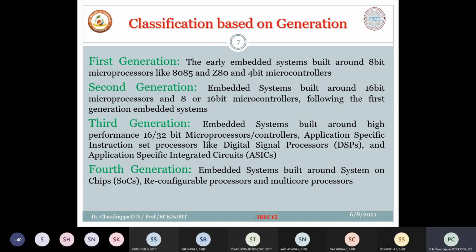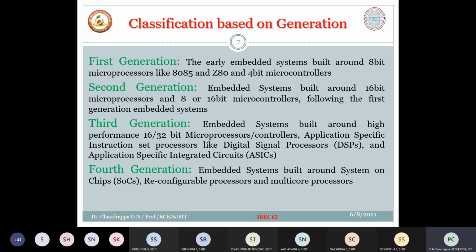In the first generation, it started with 8-bit microprocessors like the 8085 microprocessor, and one more very popular microprocessor, the Z80.